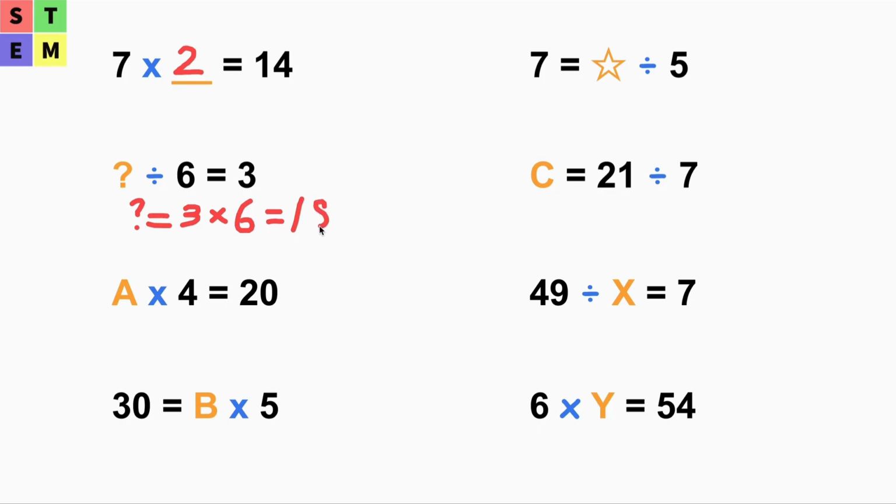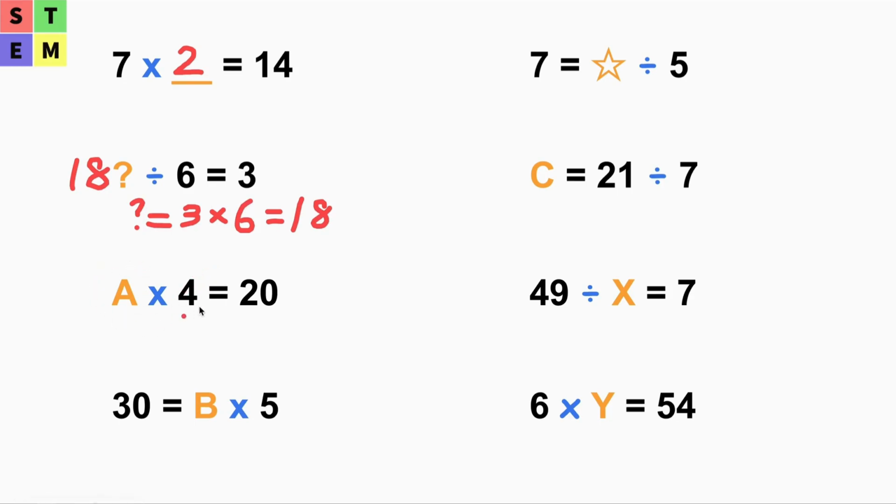If you've watched the multiplication table lesson, you will know that 3 times 6 is 18. So 3 times 2 is 6, 3 times 3 is 9, 3 times 4 is 12, 3 times 5 is 15, and 3 times 6 is 18, okay? So the question mark is 18 here. 18 divided by 6 equals 3.